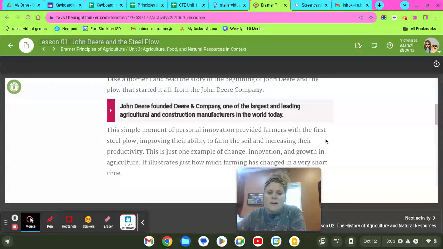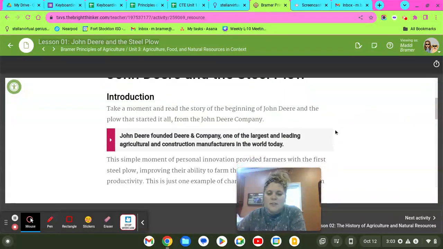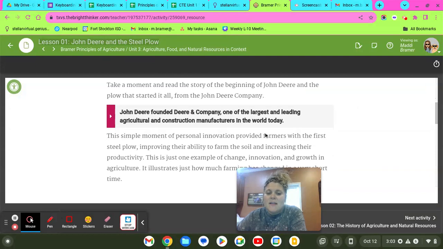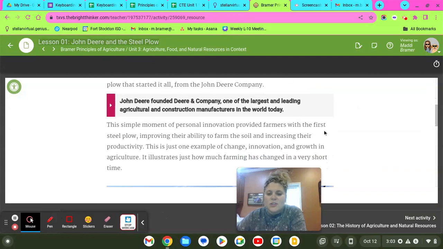Back in the day, they did not have tractors. They did not even have metal steel plows like I'm going to show you. They just had to do everything by hand, and it took so much time. They didn't have high productivity, high yields, anything like that.